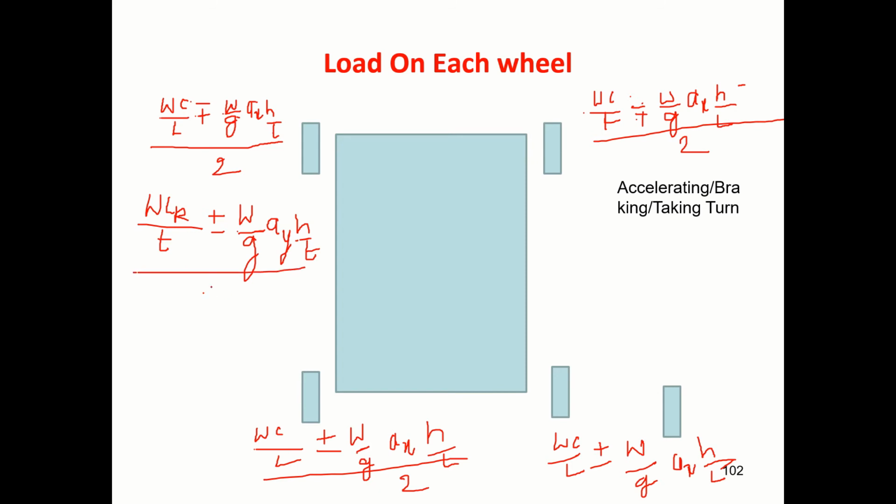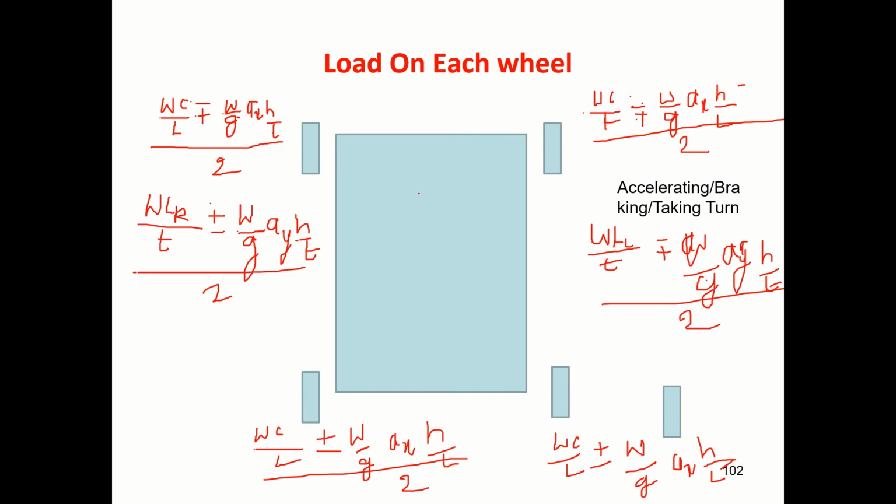Here WL by T minus or plus W by G AY H by T by 2.